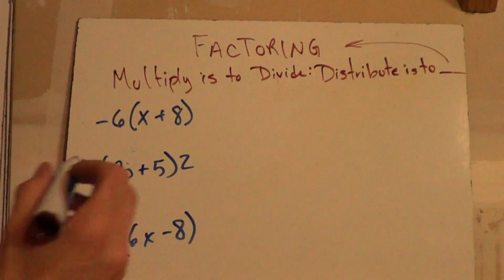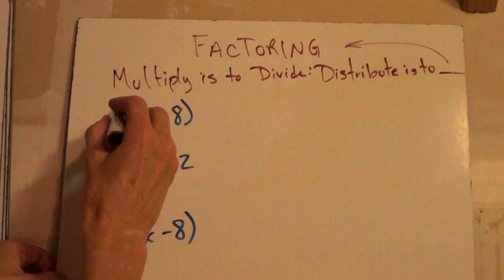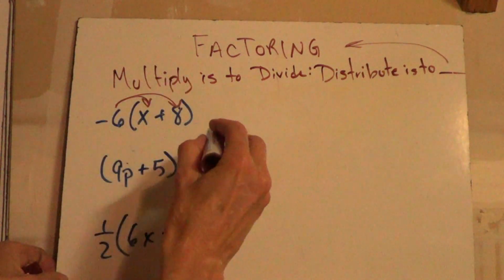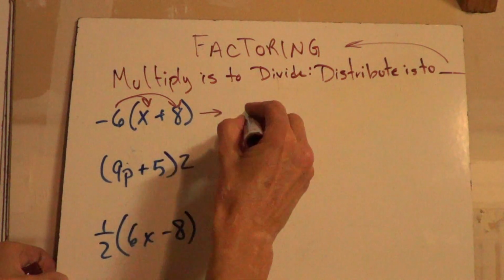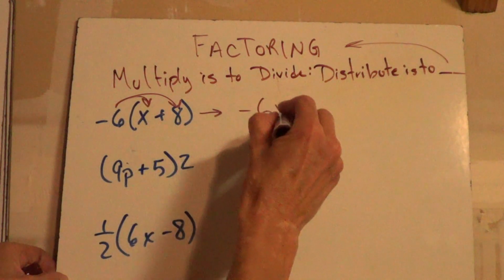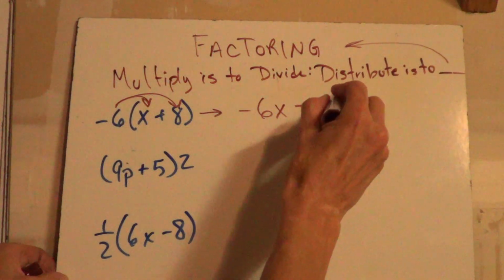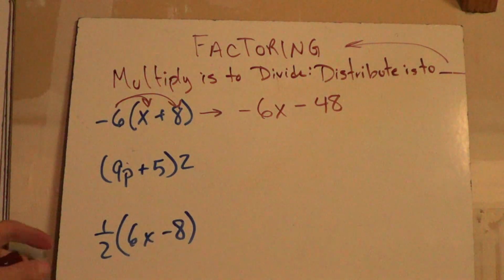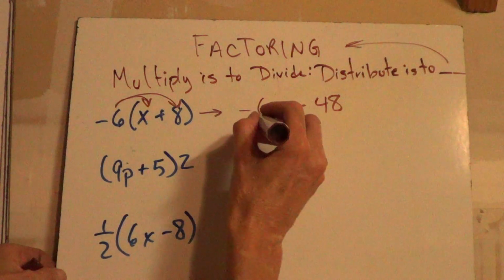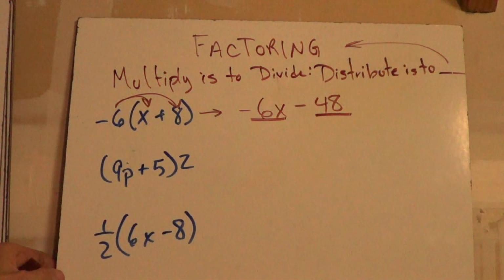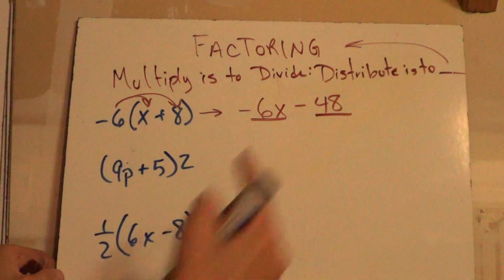Okay, so if you think about distribution, you would be taking this number and distributing it, and you would get negative 6x minus 48. Well, to factor, what you do is you actually undo that distribution by asking yourself, what is common in each of these terms?